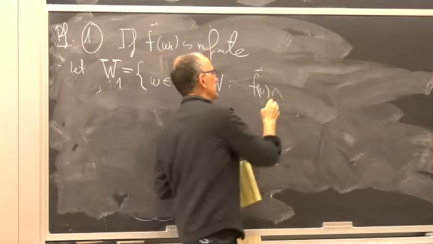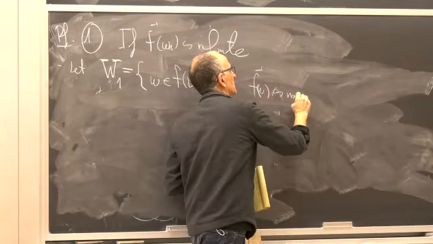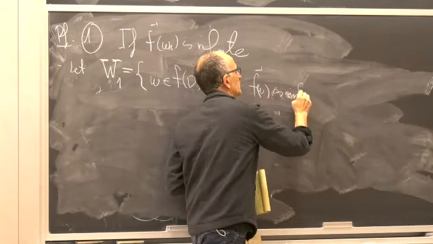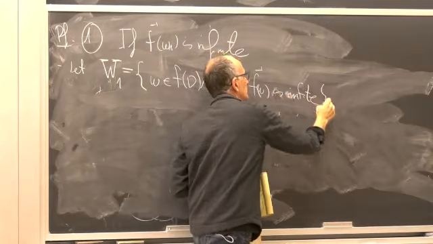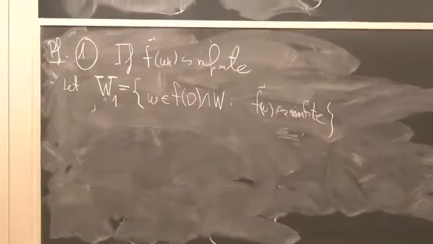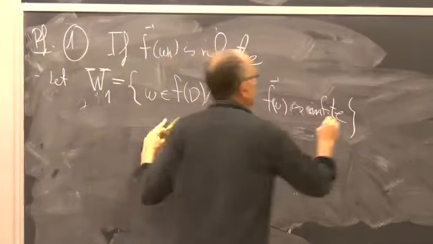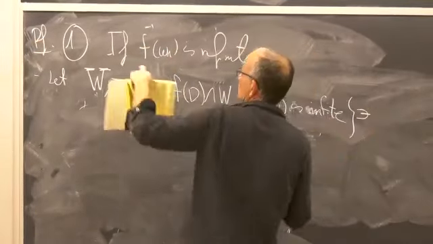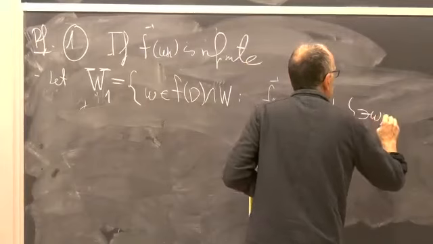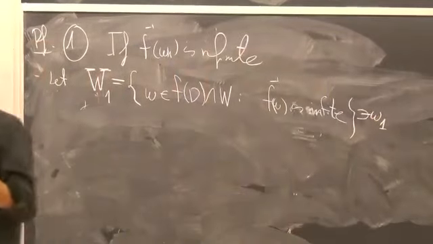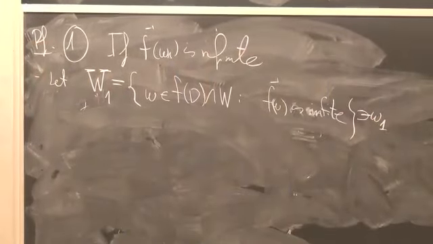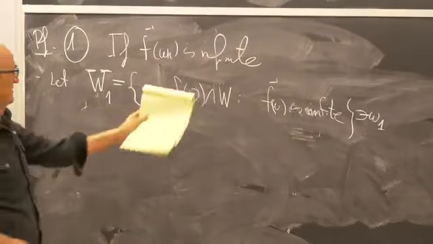This is a definable set. Being infinite, right, is definable in an o-minimal structure. You just have to say that the projection on some coordinate contains an interior, or dimension is definable. And this set now will contain our generic point W1. It is 0 definable, so it has dimension 2 because it contains a generic point.